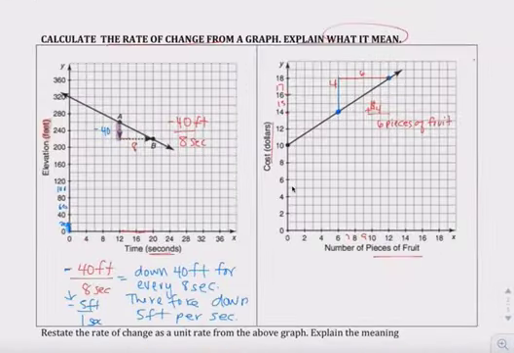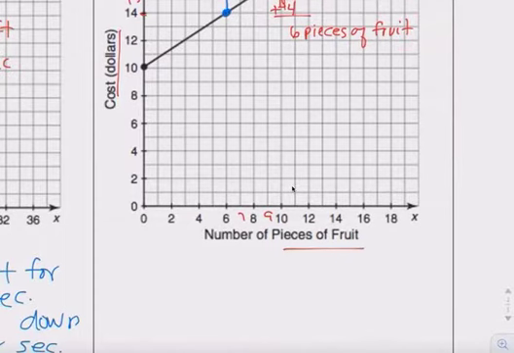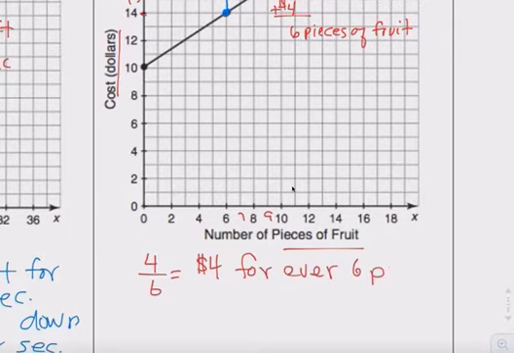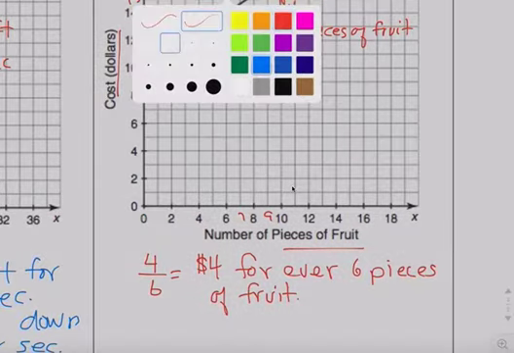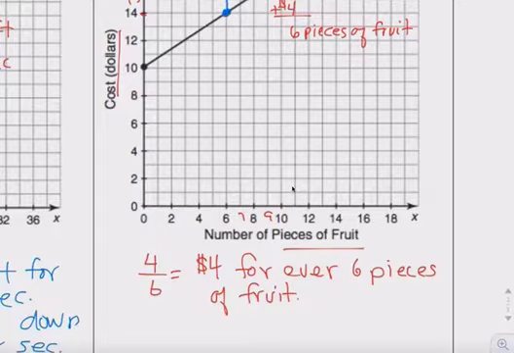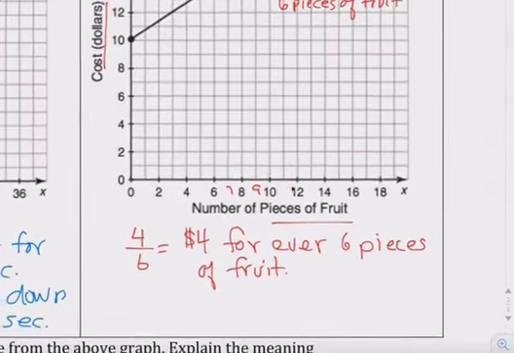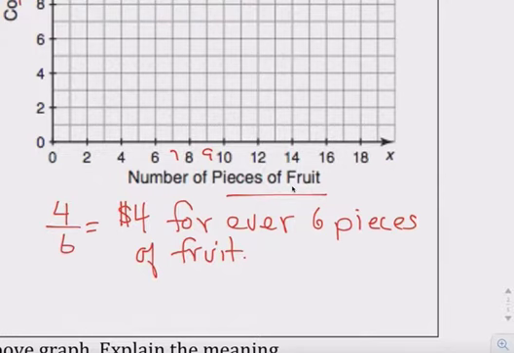Okay, so your rate, that's what it means. So your ratio is 4 over 6, which means $4 for every 6 pieces of fruit. Or how much for 1?